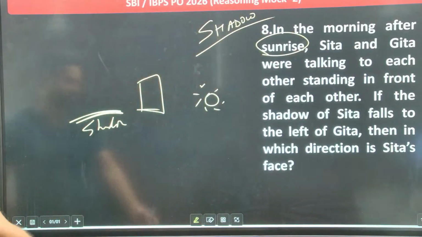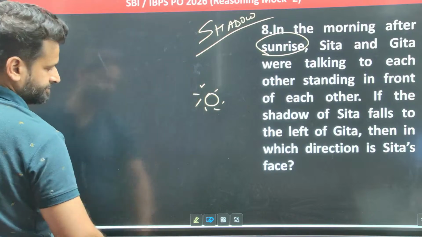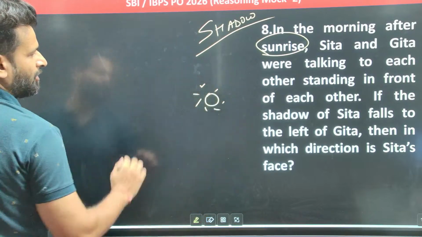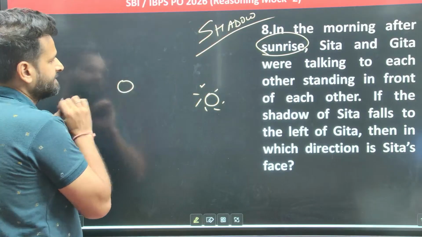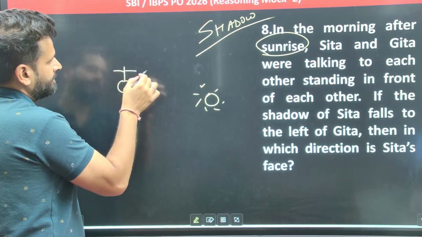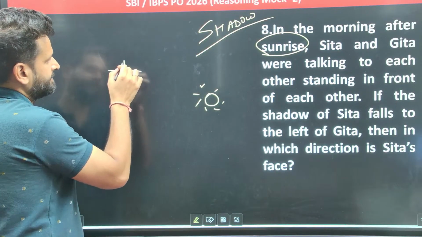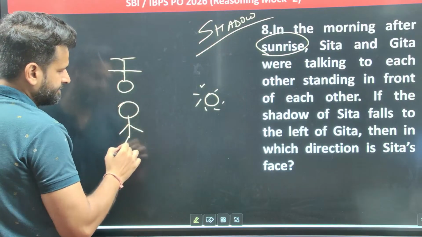All right. Now let's get back to the question. What was the question saying? Morning time, these are two persons. This is one person, the top view of the head, and these are hands, facing this direction. One more person.